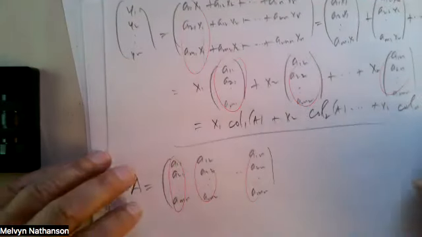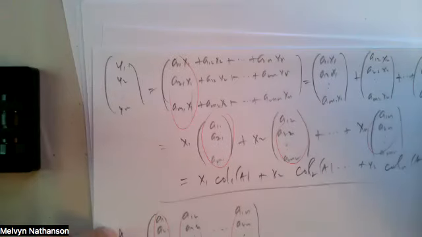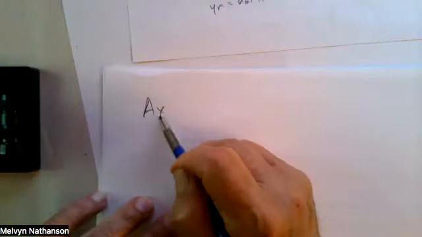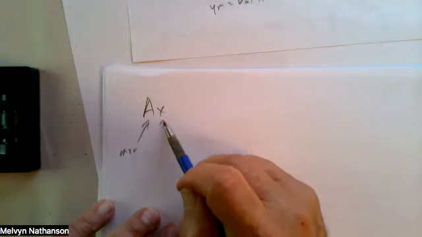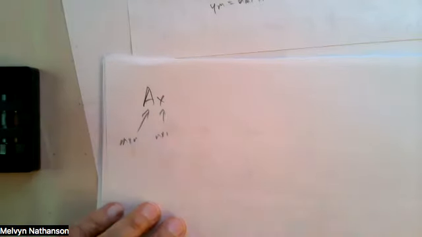So this is a wonderful explanation of what matrix multiplication does. If you have AX, this is an m by n matrix, and this is a column vector, n by 1.